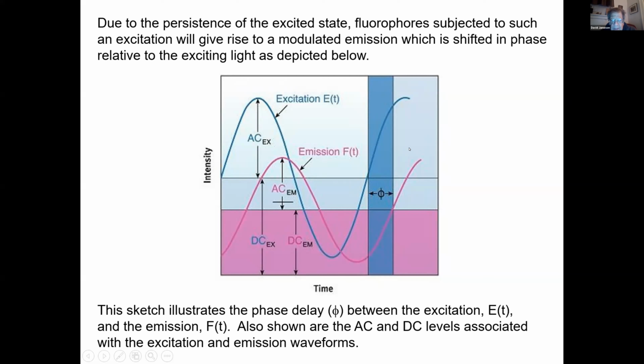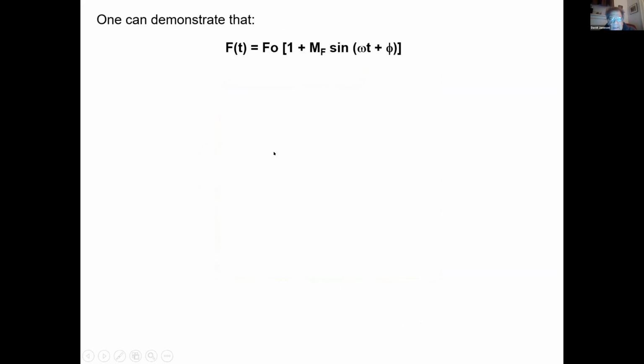Now also we can see these AC-DC levels change. We consider the DC level like the center point of this waveform, and the AC is how far you go above it or below it. And we see that changes in the emission too, because the emission's coming down and down, but it starts getting pumped up again. So we never come down all the way.